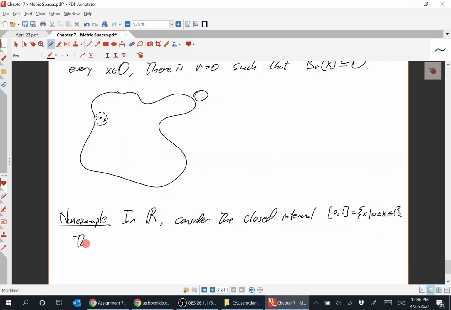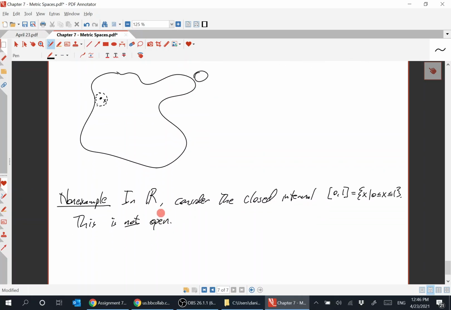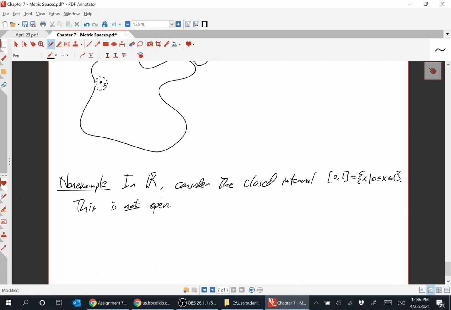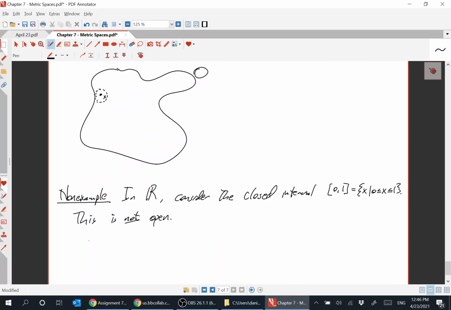This is not open. Why? So here's the metric space of real numbers. Think of it as an infinite ruler. Here's the 0, and here's the 1.